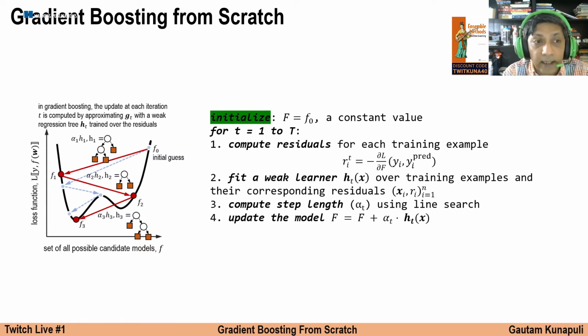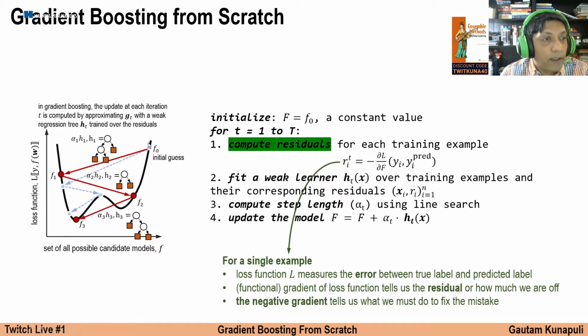So that is basically the idea over here: instead of using weights to characterize misclassifications, we're going to use these residuals to characterize misclassifications. So after you initialize, what you do is you compute these residuals for every training example at this point. What you end up with is this little data set that you've constructed, right?